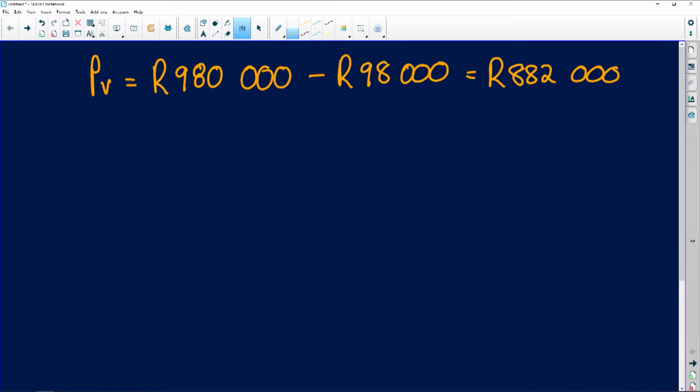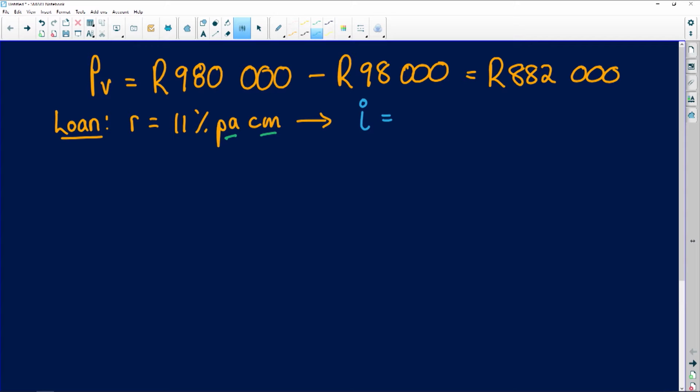882,000. Then we also saw that for the loan that he's going to take, the interest rate is 11% per annum compounded monthly. Now, folks, this is a nominal monthly rate. These two things have to be the same, so I have to tweak this. I've got to take it to the i value.